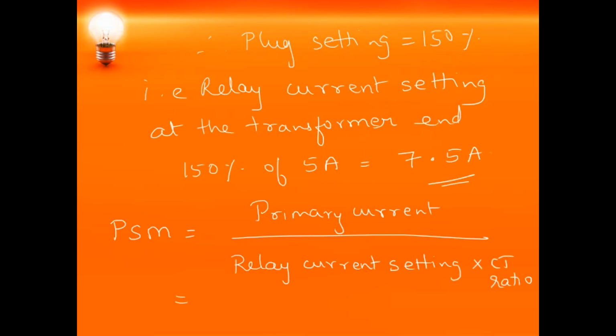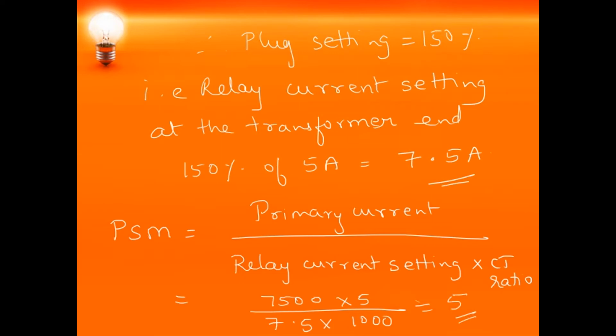The fault current which is flowing from the transformer to the feeder is 7500 amps, divided by 7.5 into the CT ratio. The CT ratio of the transformer is 1000 by 5. So this comes to around 5.